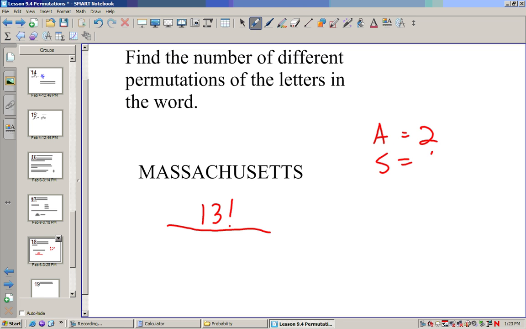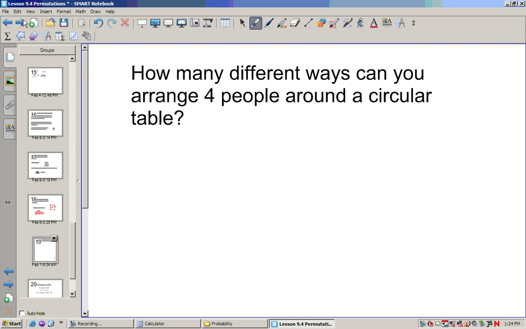S's, there are 4 s's. And 2 t's. So 13 factorial over 2 factorial times 4 factorial times 2 factorial. Now if we divide this out, we should get how many permutations there are in Massachusetts.